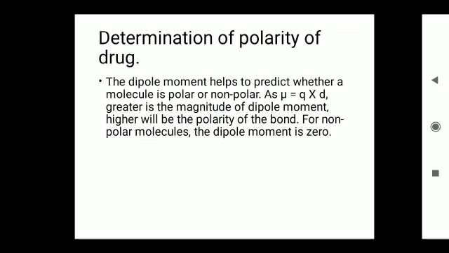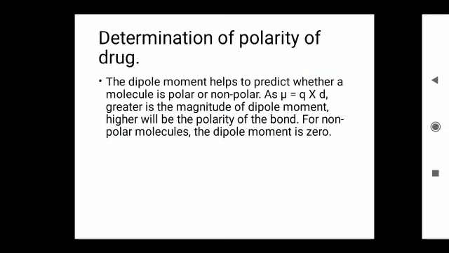Dipole moment plays an important role in determination of polarity of drugs. By using dipole moment, you will determine the polarity, whether the compound is polar or non-polar in nature. As dipole moment is equal to Q into D, the greater the magnitude of dipole moment, the higher the polarity of the bond.